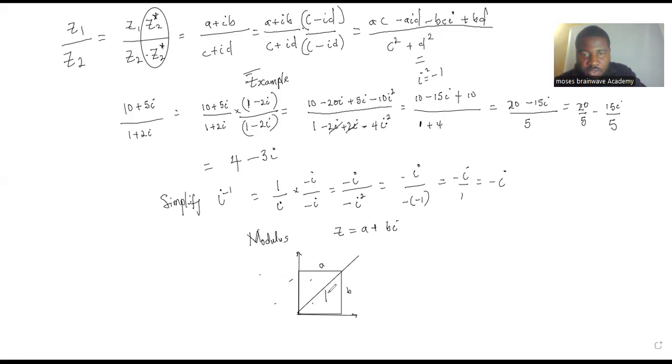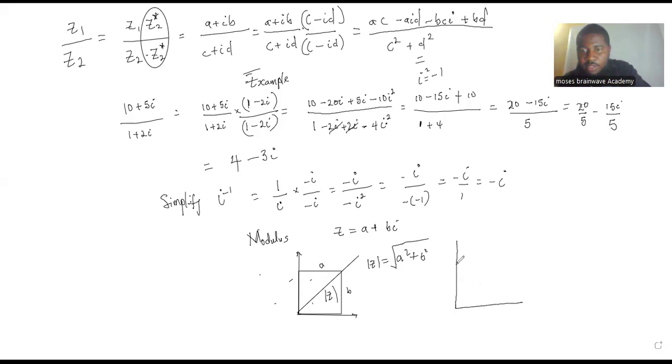So this place is going to be modulus of Z, right? So the modulus here is going to be what? The square root of A squared plus B squared. That's all.